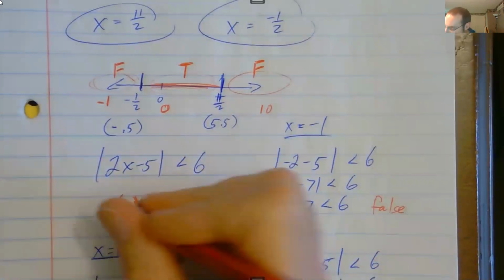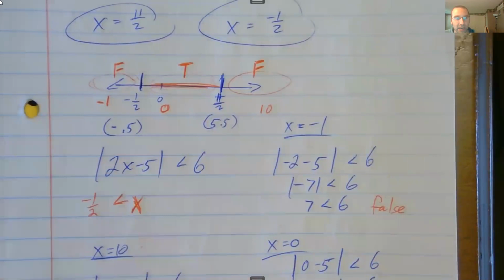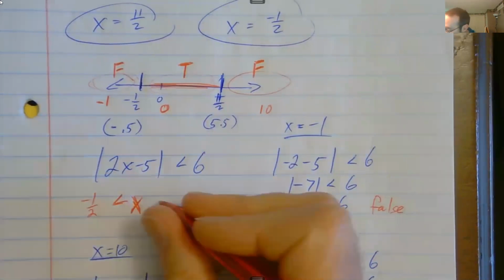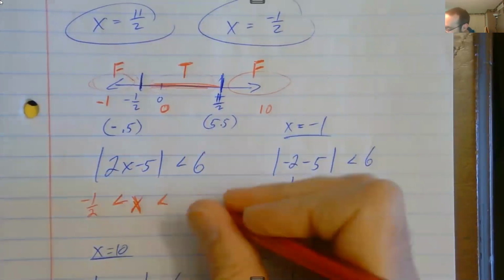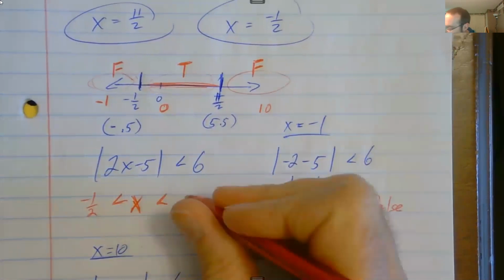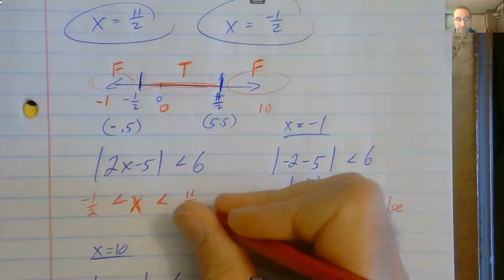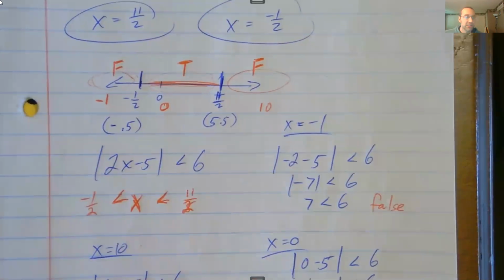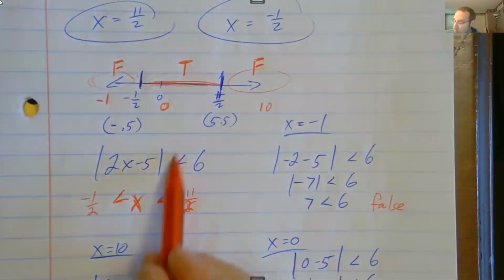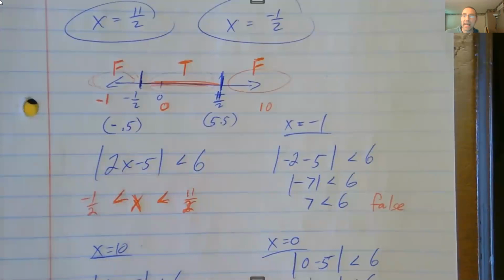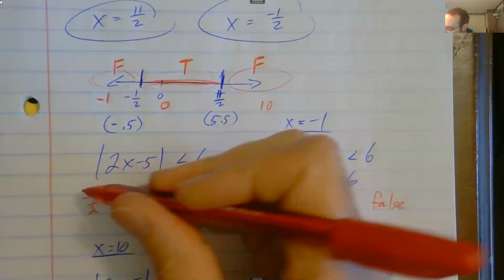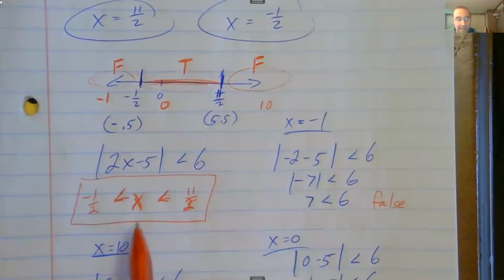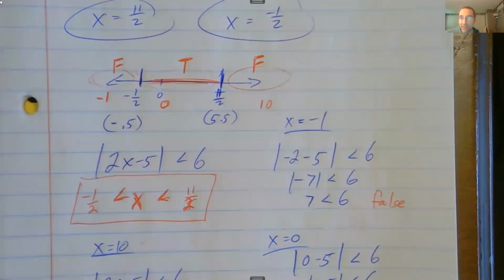So -1/2 goes here. x is greater than -1/2, but x has to be less than 11 halves, 5.5. Should I include the, is this an or equals to or just a less than? In this case, because the original problem had strictly less than, not less than or equal to, our final answer will just be -1/2 is less than x, which is less than 11 halves.